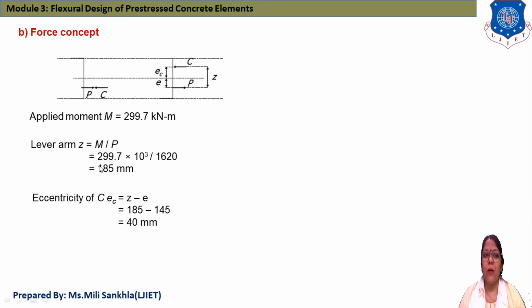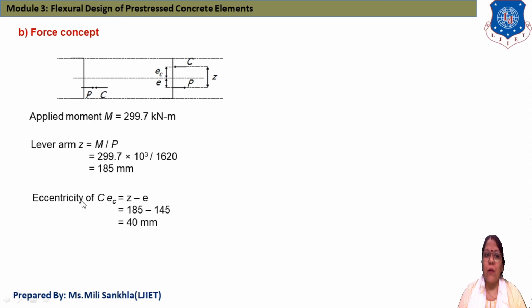So Z is equal to M by P, because M is equal to PE, if I make E, as Z, the subject, then M by P. M is equal to 299.7 into 10 raised to 6, divided by P, which is 1620. After dividing, the distance of this lever arm is equal to 185 mm.